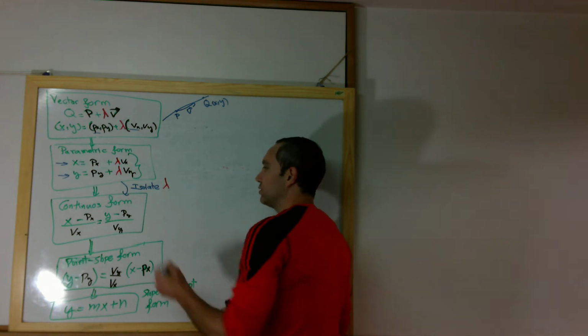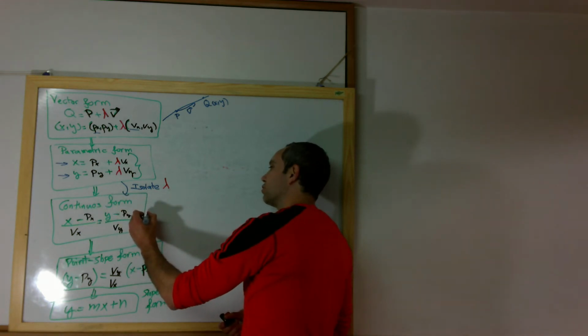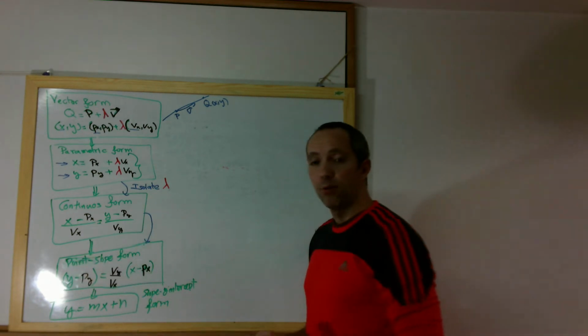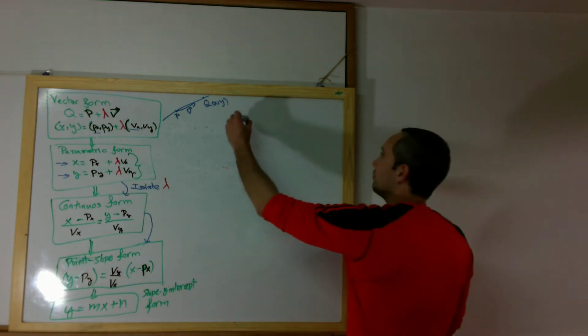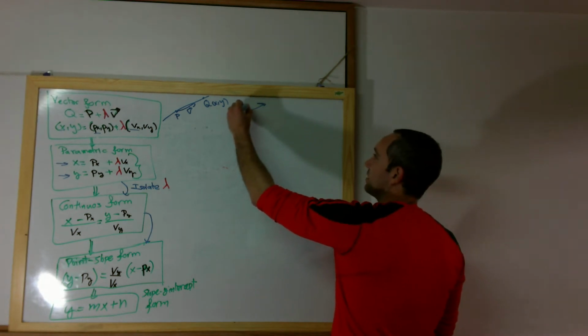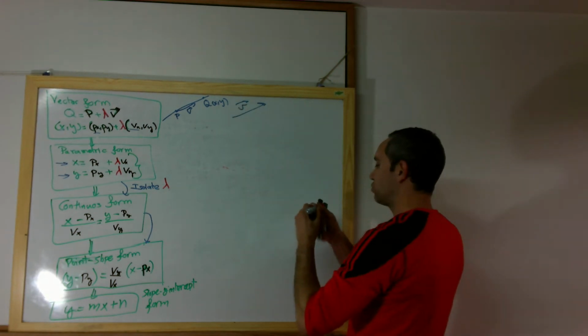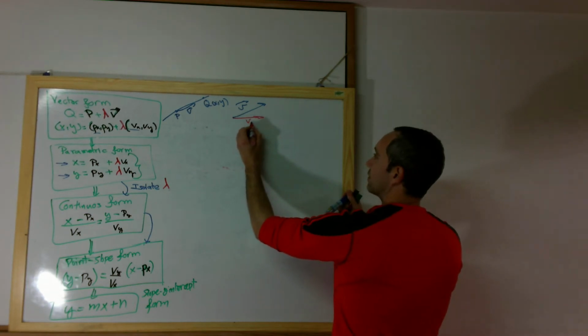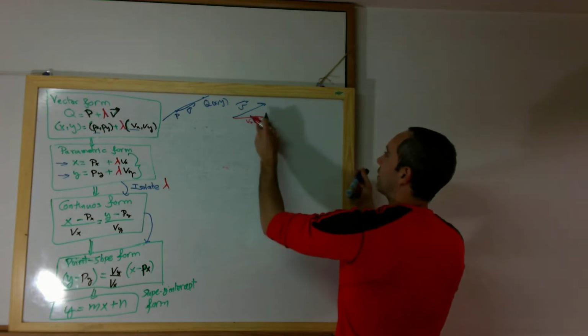Anyway, how do we get, this is the difficult step, right? At least for you. How do we get from the continuous to the point-slope form? Remember, when we've got a vector v, any vector, it has two coordinates. It has v of x and v of y.